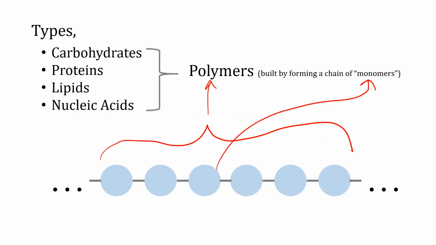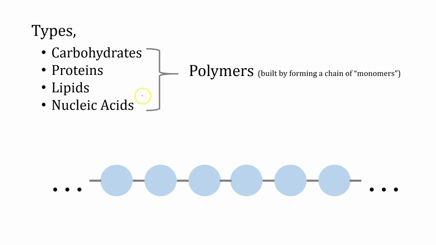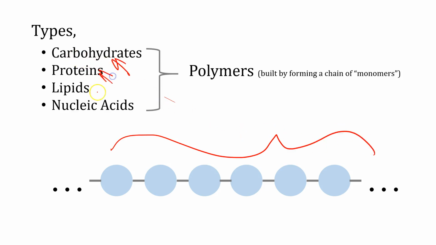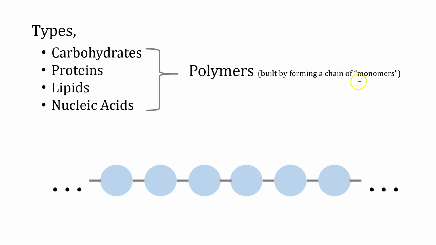Does that make sense? It'll be important to keep in mind, because one of the things that we're going to talk about is the names of the polymers for each of these different classes of molecules, but then we also are interested in what are the individual pieces that we link together to make up these big, long, huge polymers.